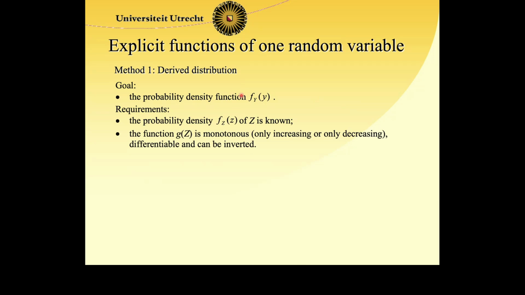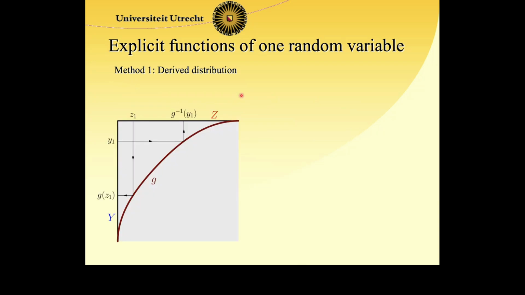To explain it a little bit more in less abstract terms, let's look at some graphics. So this is y here, this is z. You can see this is a monotonous function because it's only increasing. Of course, the relationship between z and y is only increasing, or decreasing.